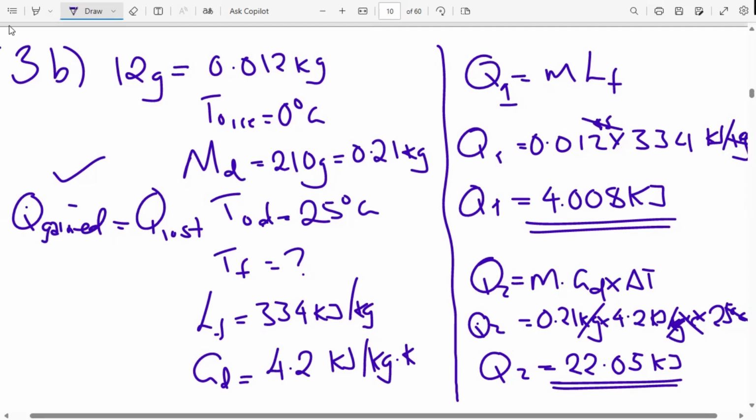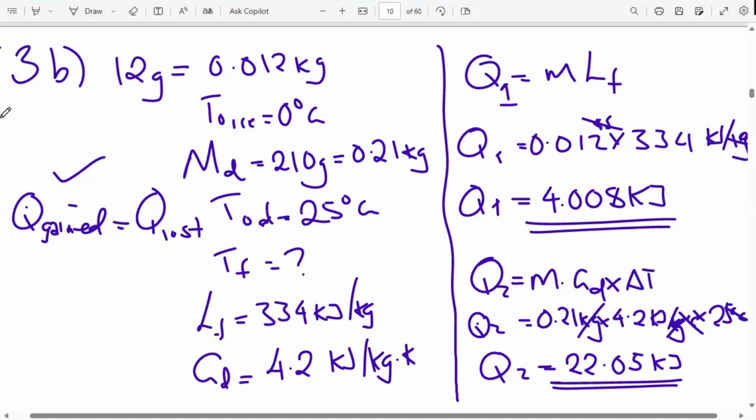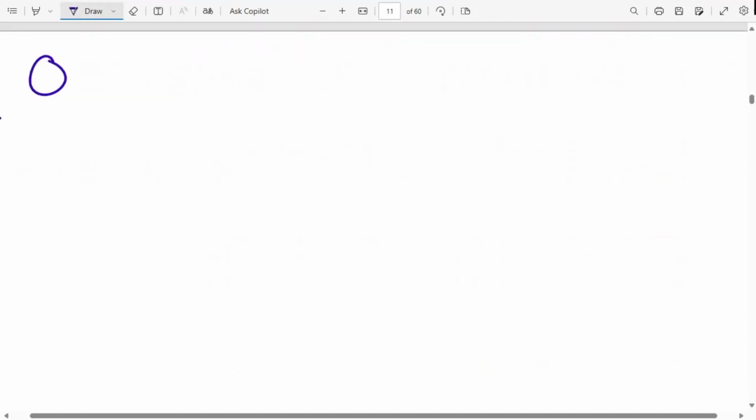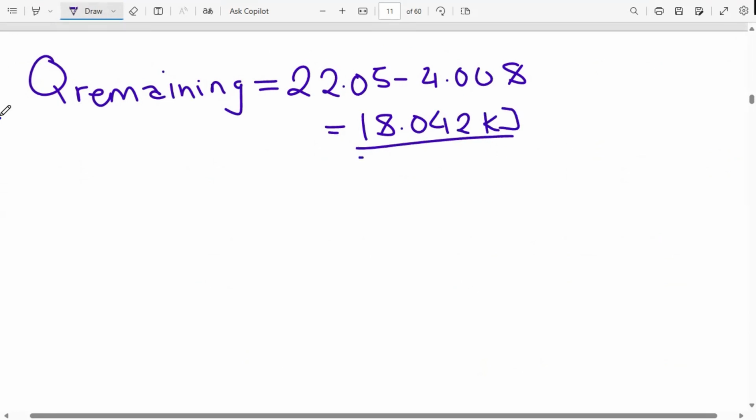So let's now find the remaining heat after melting the ice. The remaining heat after melting the ice, which I'm going to label as Q remaining, will be equal to 22.05 minus 4.008, and we're getting remaining heat as 18.042 kilojoules.